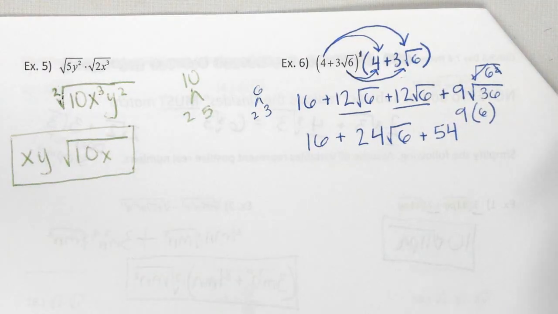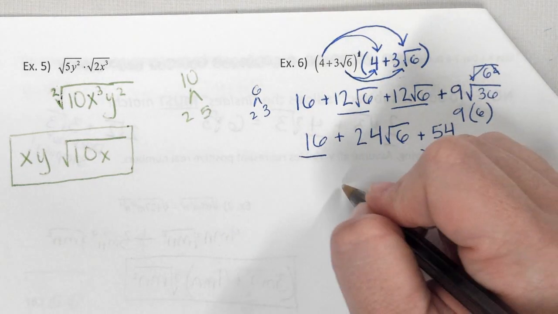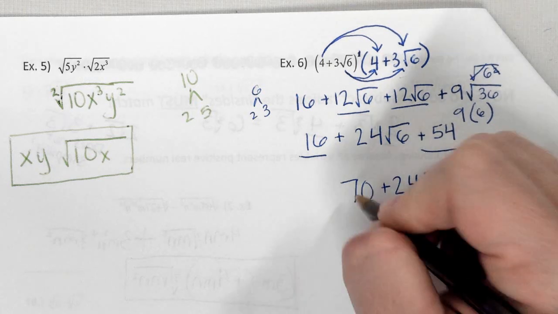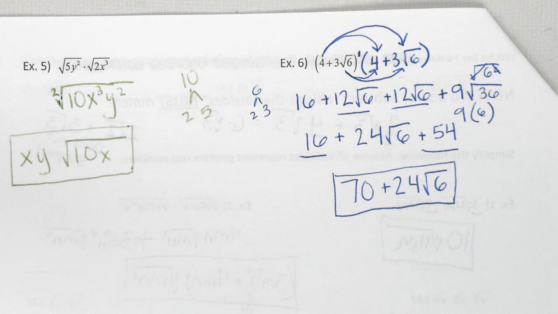It's 54. And now what's my last like terms? 16 and 54, and what does that give me? And those don't combine because 70 doesn't have a root 6, so there's your answer. Okay, 2 more. Bear with me.